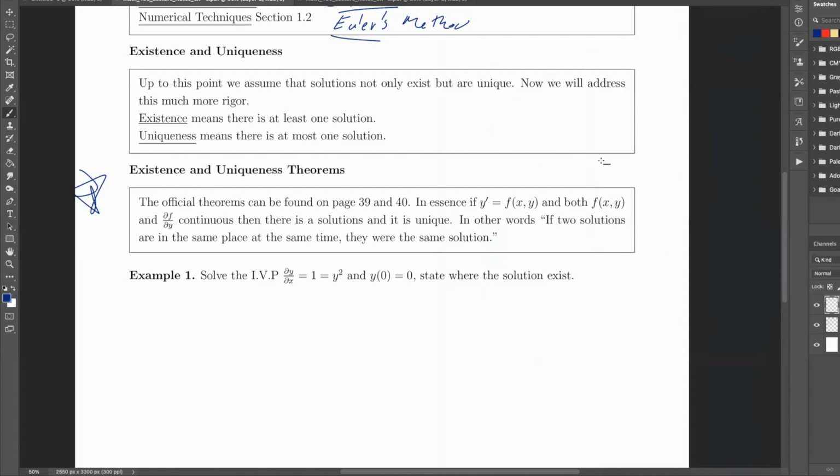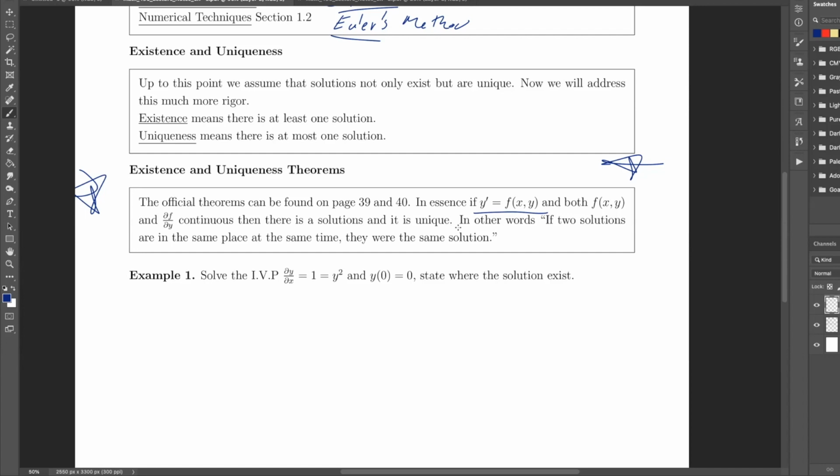Hi, YouTube, we're back. In essence, all we need to do is this: if I'm given the equation in implicit or explicit form, where the derivative is some function of x and y, and if f of x and y and its derivative with respect to y are continuous, there is a solution and it's unique.